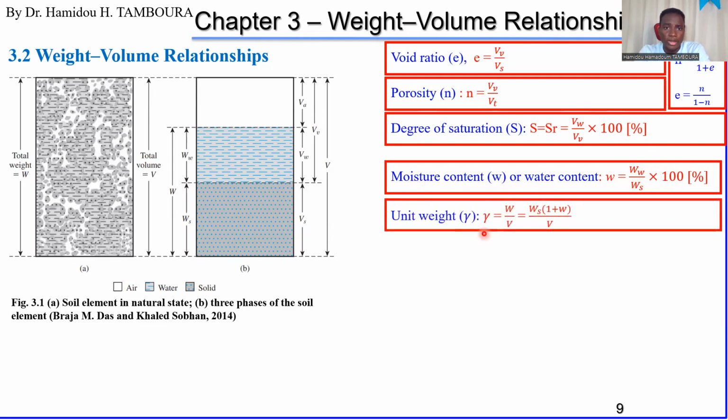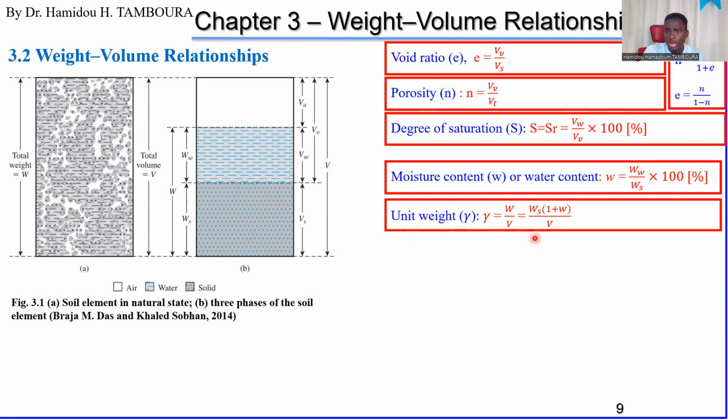The next relationship for the weight is unit weight. So unit weight, that is easy, right? Weight divided by volume, that is unit weight. It means the total weight divided by total volume. That means the total unit weight of the soil.